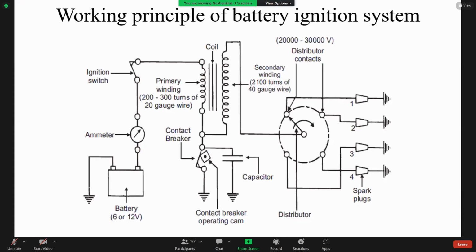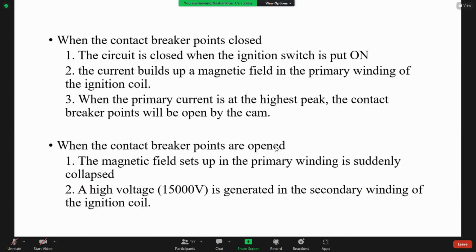No. Students, I couldn't hear you. No, miss. Shall I change? Yes. Then write these 2 stages and steps.